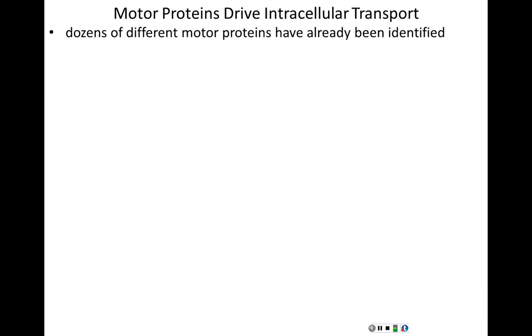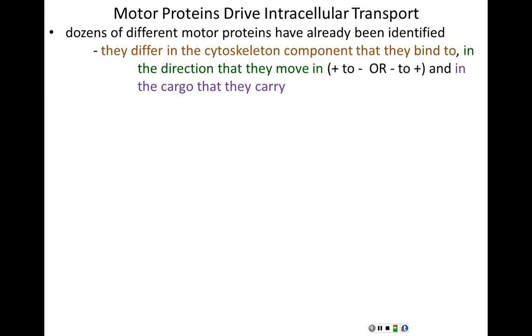Dozens of different motor proteins have already been identified. They differ in the cytoskeletal component that they can bind to and walk along, in the direction that they move in. So do they walk towards the positive end, or do they walk towards the negative end? And also differ in the cargo that they can carry. Do they carry specific proteins? Do they carry vesicles? Do they carry vesicles only from specific organelles? Etc. The two motor proteins we'll end this lecture with are kinesin and dynein.